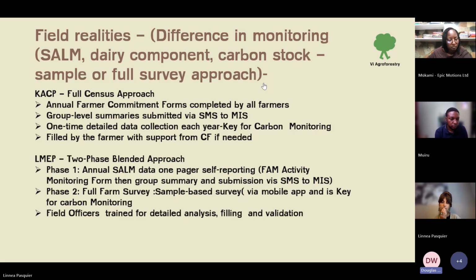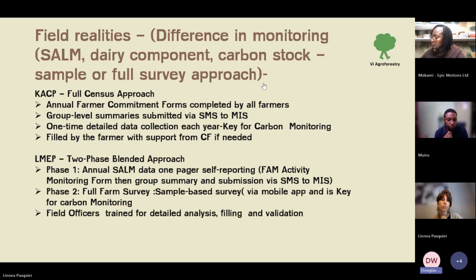Then for livelihood, it has 2 sub-elements when it comes to the monitoring. One is what we call the annual SALM data, which is just a one-page self-reporting, and we use a farm activity monitoring form. This form is then used to generate the group summaries submitted into the MIS via SMS.